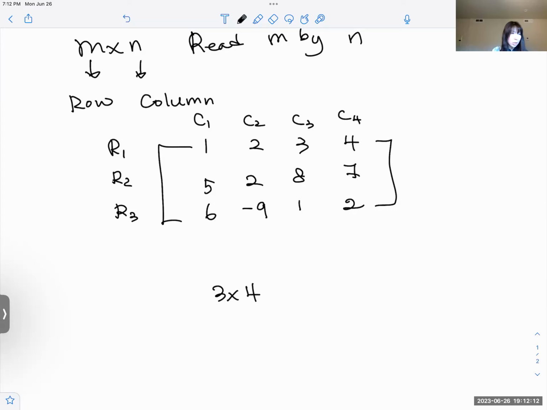All right, let us talk about a square matrix.